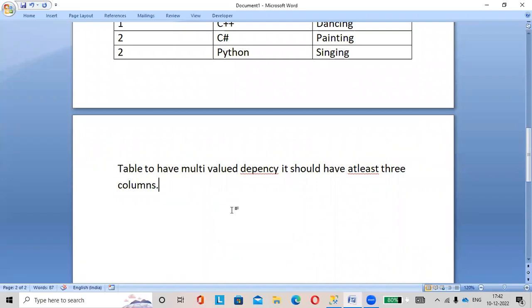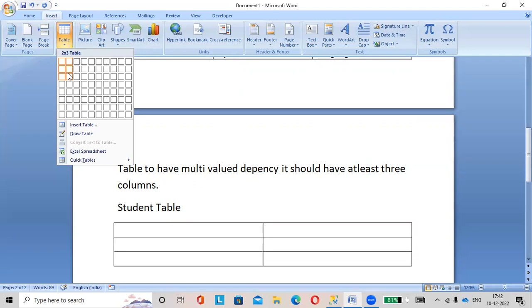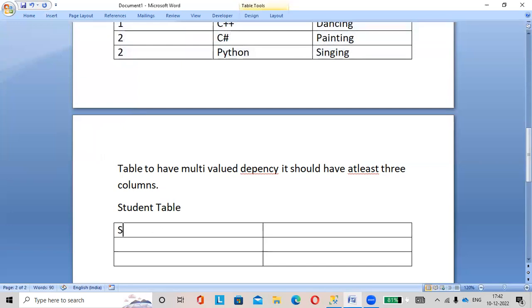Now the student table. Here the columns are student ID, student name.